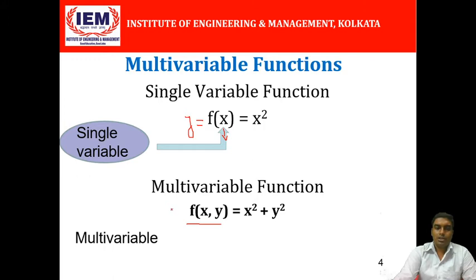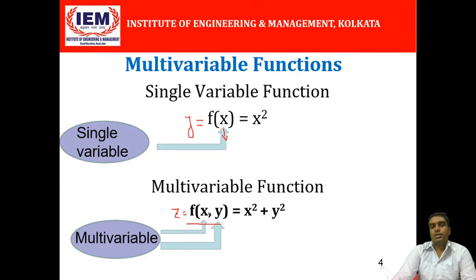If I call this function z equal to f(x,y), defined as x square plus y square, then x and y are the two independent variables. So it is one example of a multivariable function.